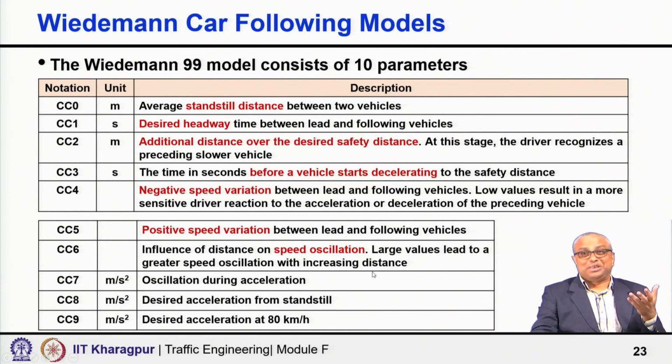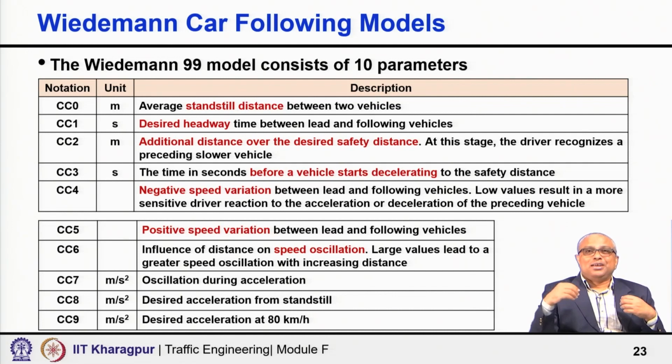So, all these parameters are there. It is really a fantastic model, which needs to be calibrated locally before you apply it to replicate a local traffic situation in a micro simulation platform. So, this is a widely used model.